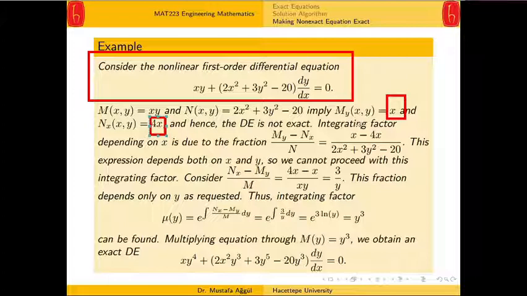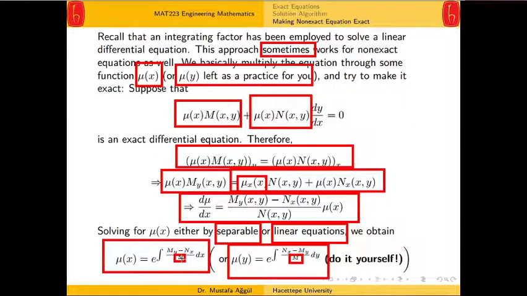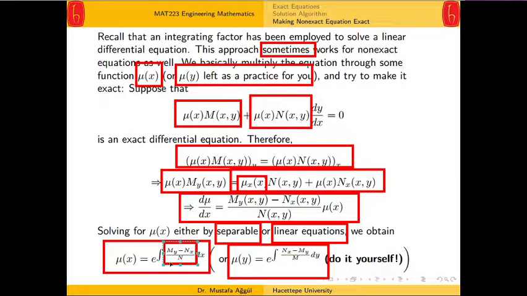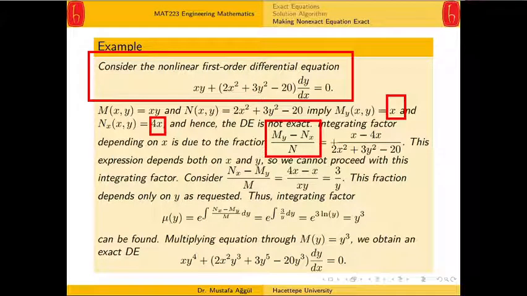First of all, let's start with the integrating factor depending on x. We have a fraction there, so let's check it and see what's going on. This function is basically (My minus Nx) divided by N, which is x minus 4x divided by N, and N is 2x squared plus 3y squared minus 20.